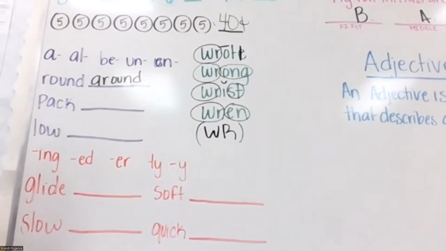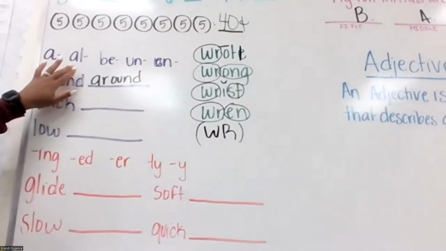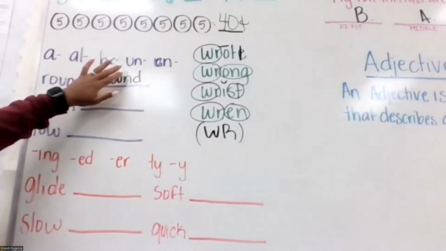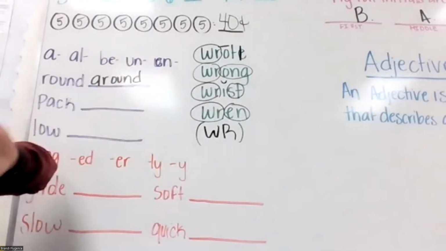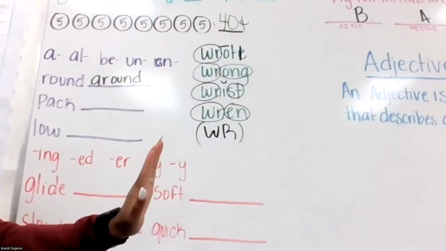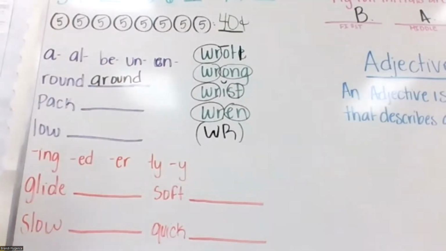So where are all of them again? Okay, your prefixes are A, AL, BE, UN, EN. Remember, prefixes go before the root word. Pack.